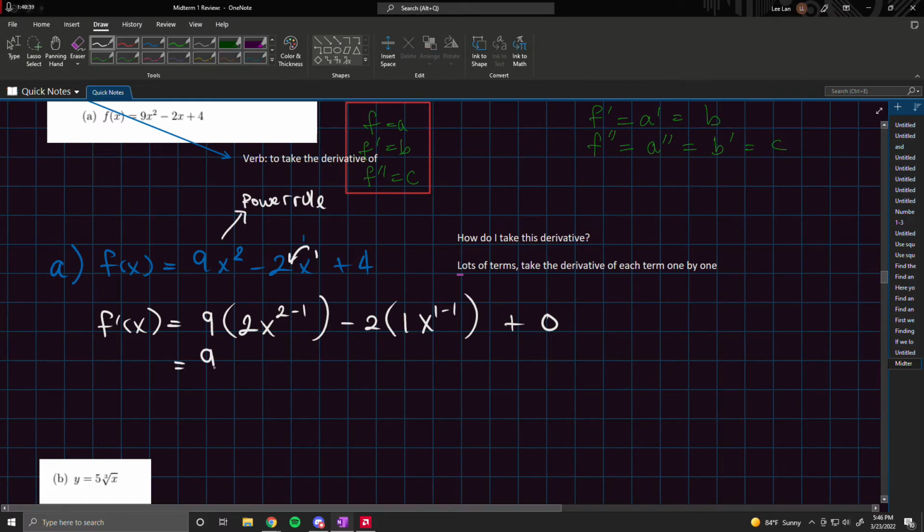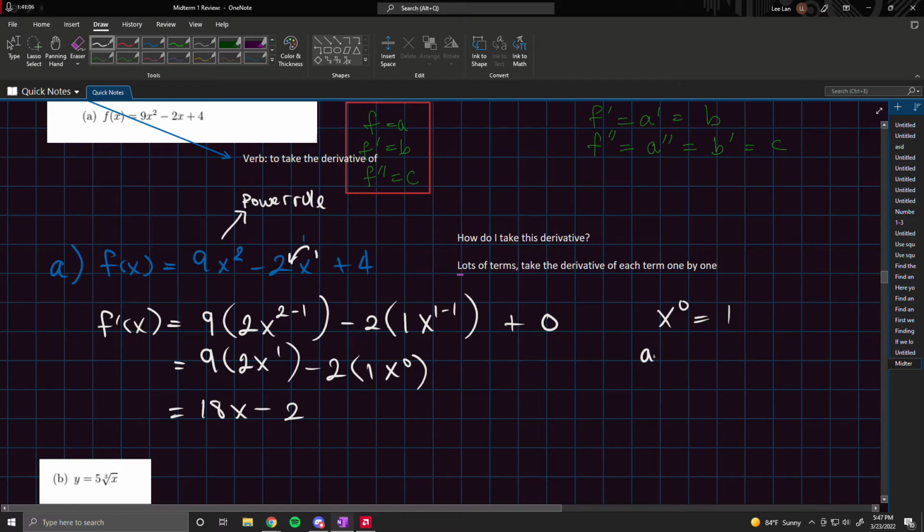Okay, so this will be 9 times 2x to the 2 minus 1, that's x to the first power, minus 2 times 1 times x to the 1 minus 1, that's x to the 0. And so 9 times 2, that's 18x, minus 2. So what's x to the 0? x to the 0 is just 1.